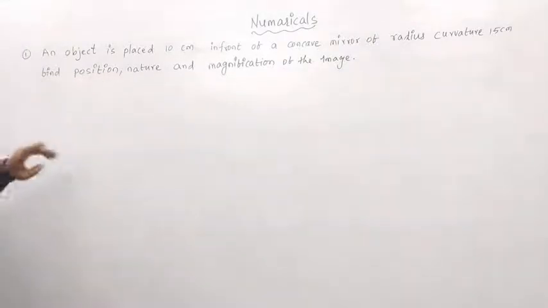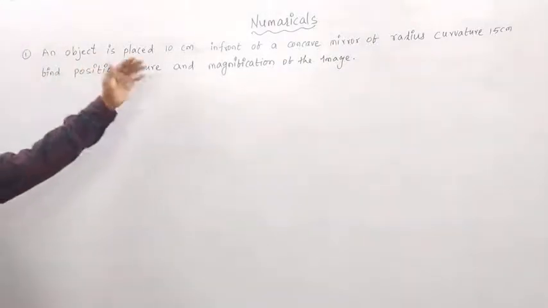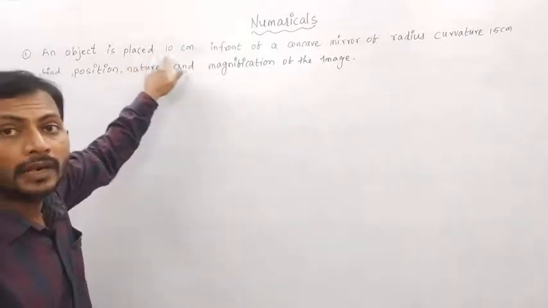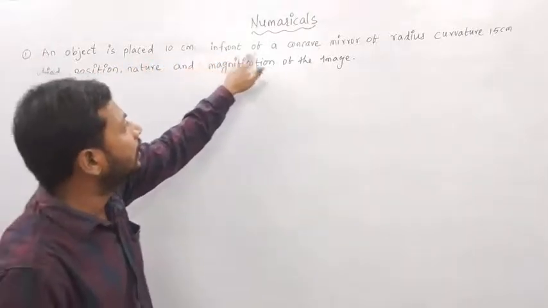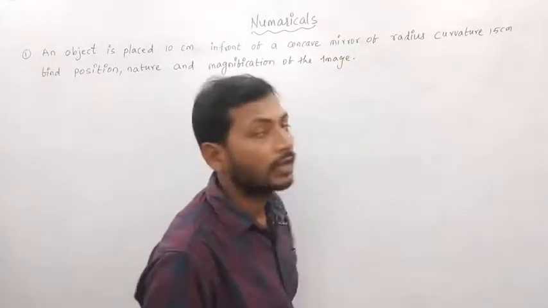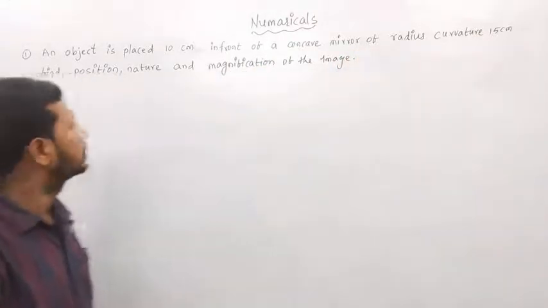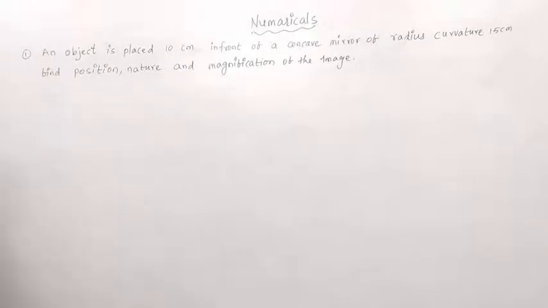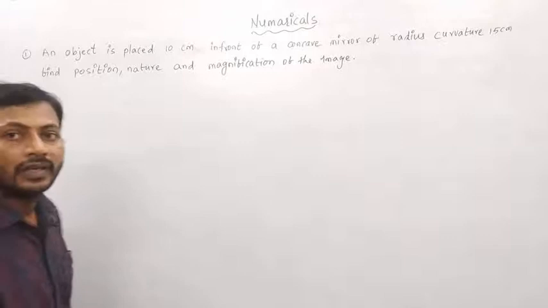The question is given: an object is placed 10 centimeter in front of a concave mirror of radius of curvature 15 centimeters. Find the position, nature and magnification of the image.